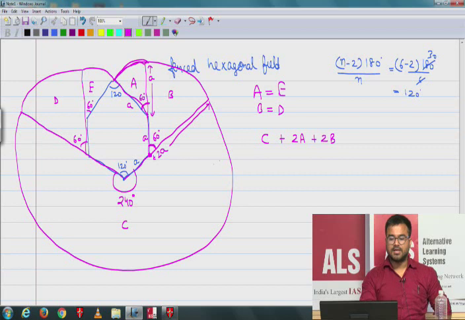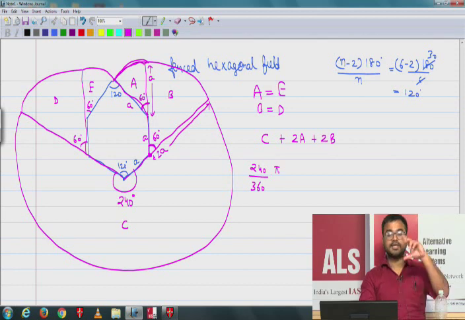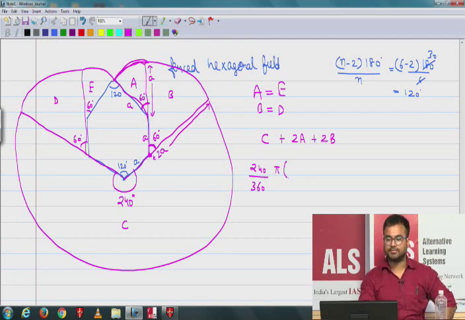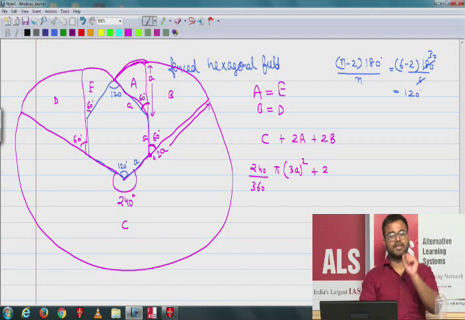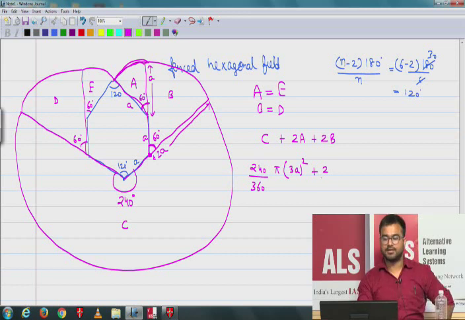Now for C, angle is 240 degree. So theta over 360 into pi r square. The radius for this one is the complete length of the rope, which is 3a, plus 2 times of: for A, the central angle is 60 degree, and the length of the rope is a, radius is a.